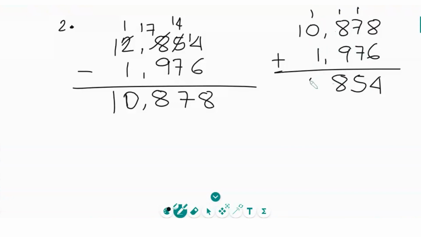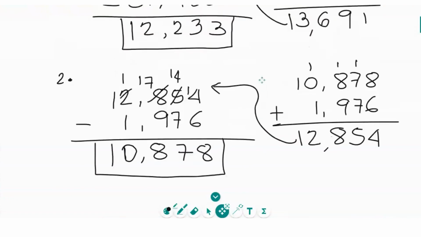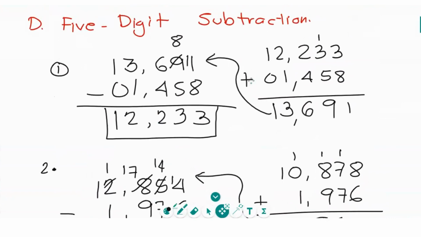Now 1 plus 1 is 2, and 1 is 1 here. So there you go, we were able to get 12,854. And our final answer is 10,878. Okay, so that's basically for the 5-digit subtraction. So once you get the hang of it, or once you have enough practice, this kind of problems will be a lot easier.